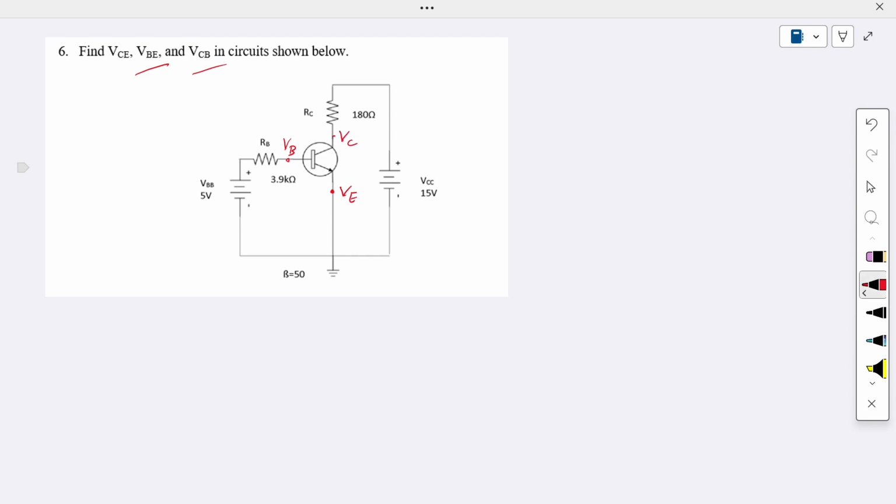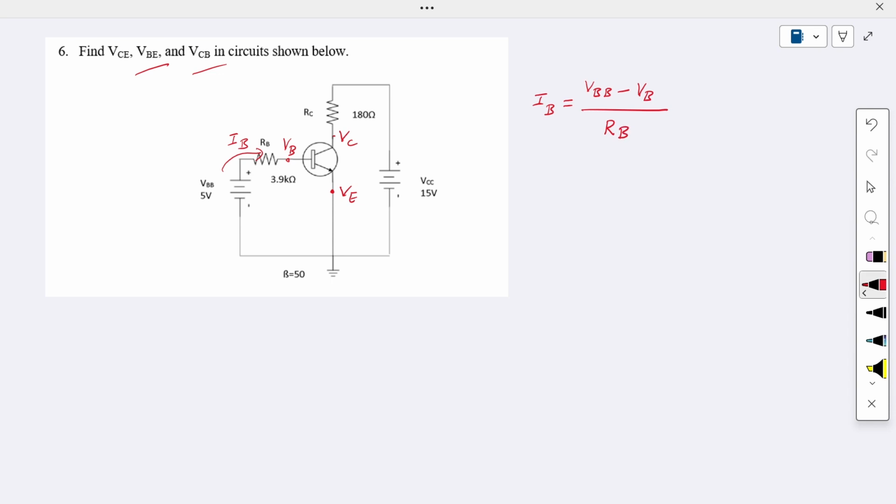First we assume the transistor is active, and then we find the current flowing into the base, which is our IB. In that case IB is equal to VBB minus the base terminal voltage, divided by RB.